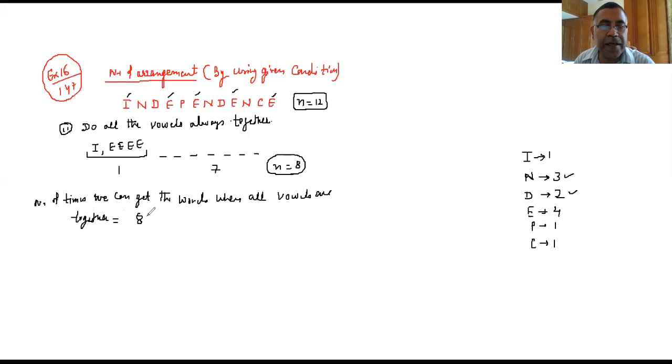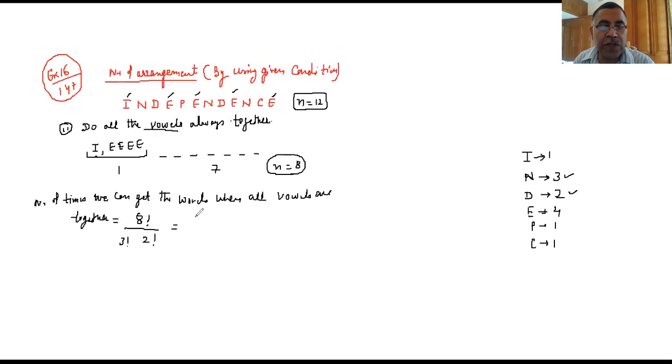This is 8 factorial because total number of letters are 8, and out of 8 how many are repeating? I have N, it is repeating thrice, and I have D, it is repeating twice. I will not divide it by E's, because I am going to take it as a single word. I and E, all five, I am treating as a single word because he is saying all the vowels together.